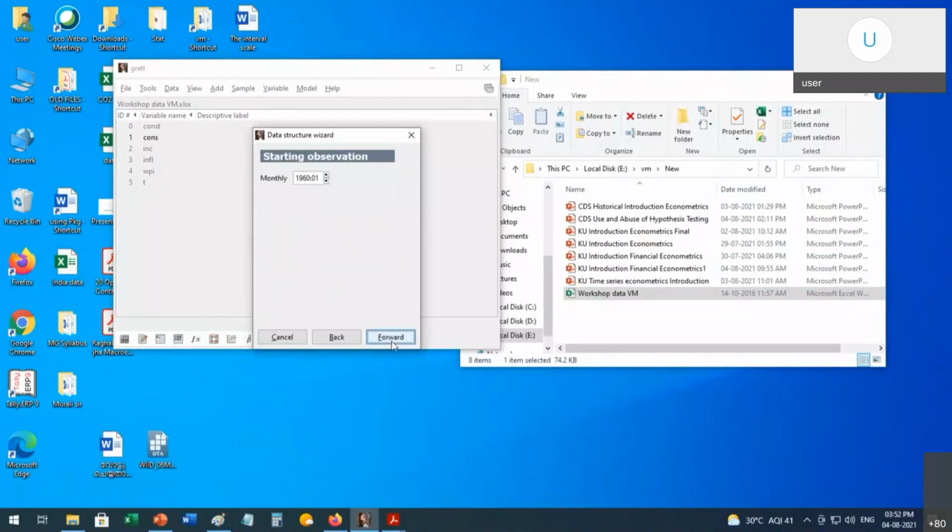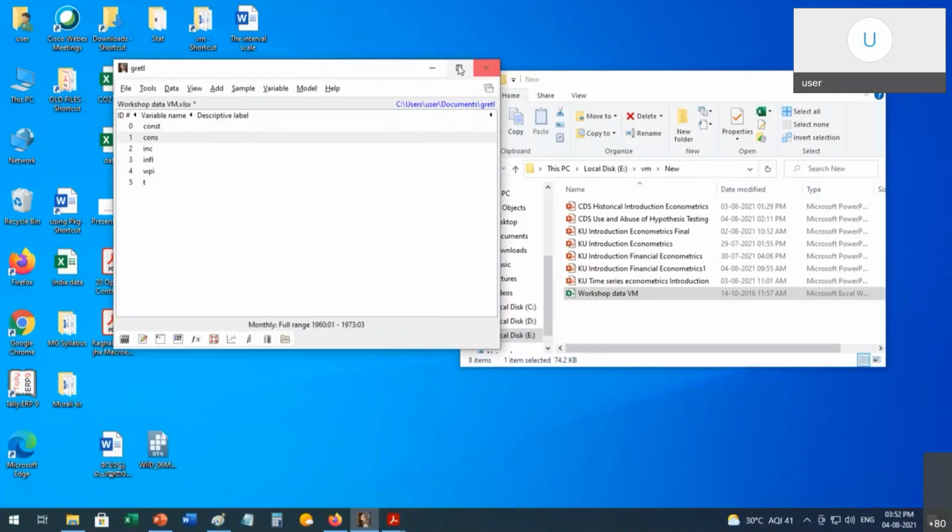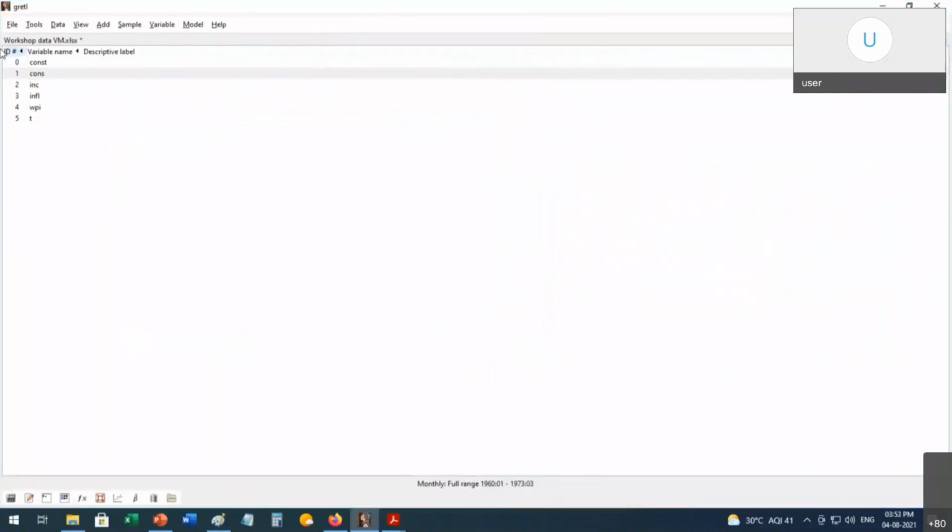Small request, if you can just increase this window size, it will be helpful. Otherwise, it will be strange. Just click on the top box so that we can see it in full size. If we click here, maximize, the font size is still the same. I don't know how we will change the zoom size in Gretl.